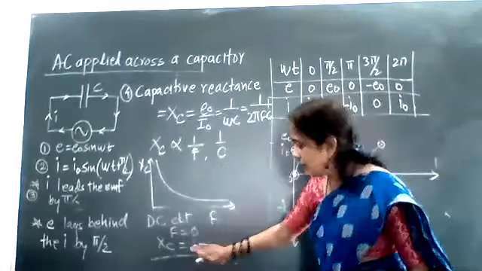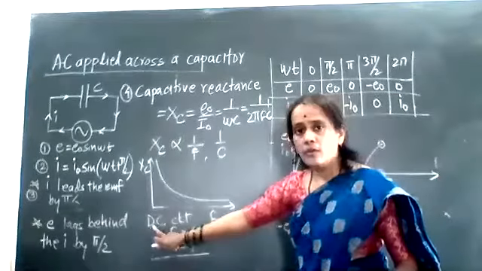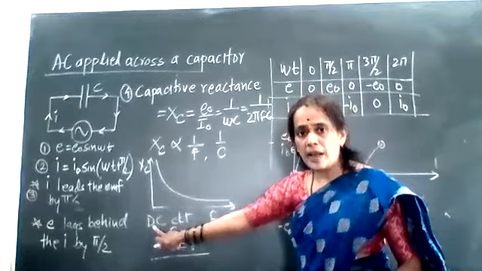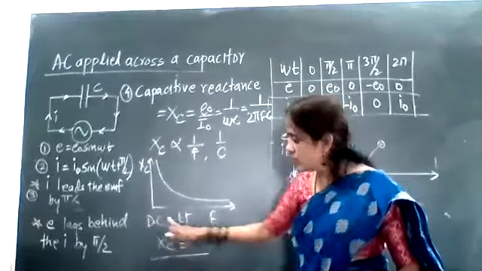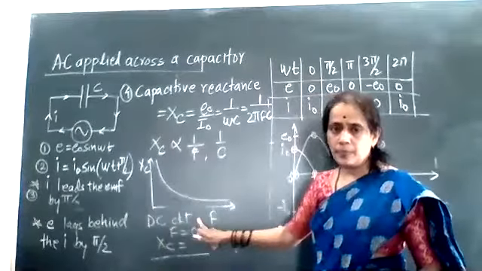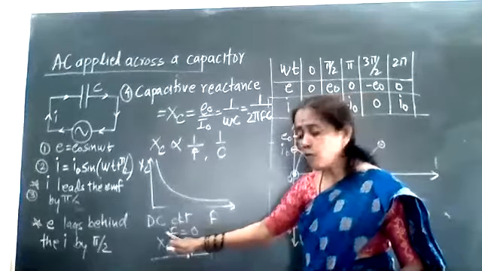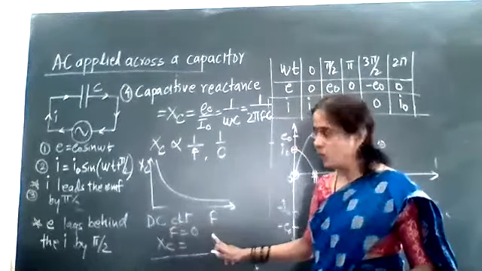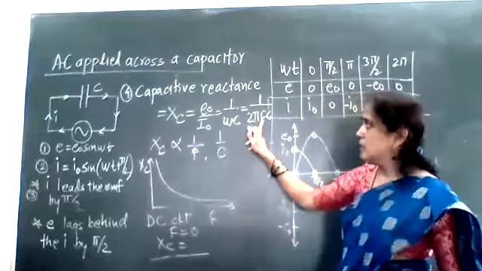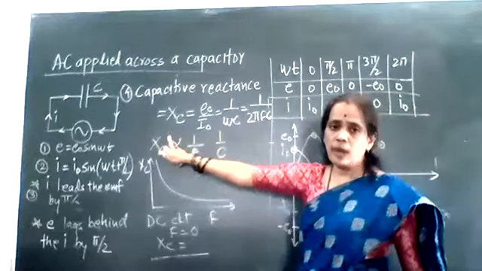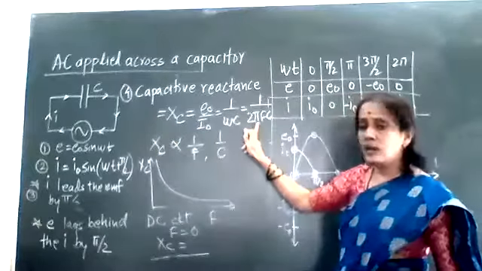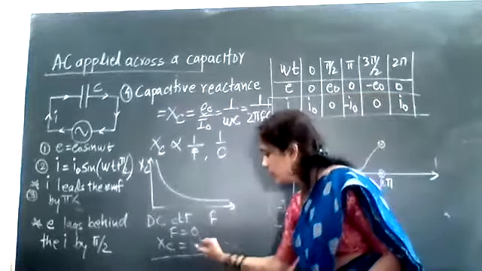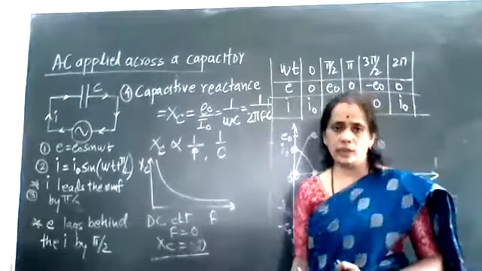And whenever I am going to say that capacitor is applied across a DC circuit, at that time circuit frequency is zero. So if your frequency is zero, your XC formula becomes 1 upon 0. So your XC will become infinity.